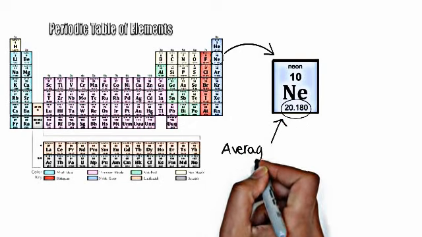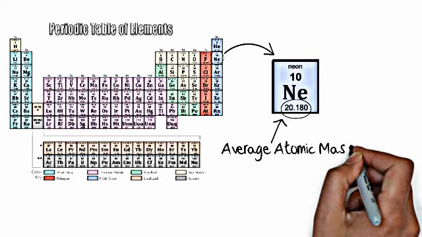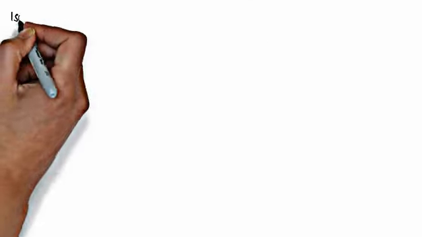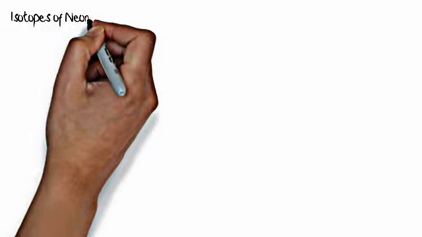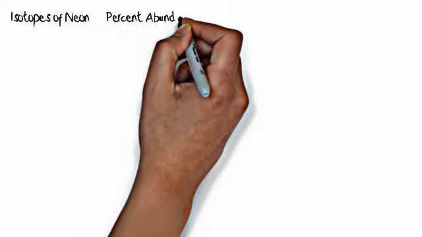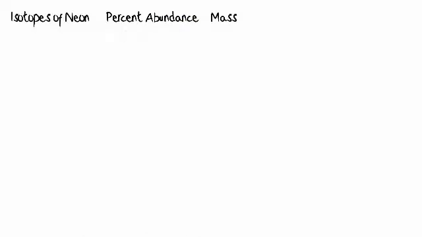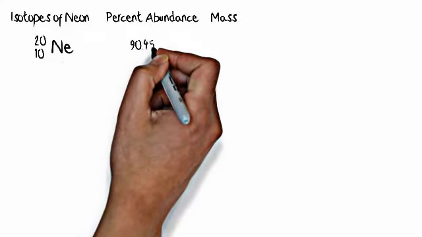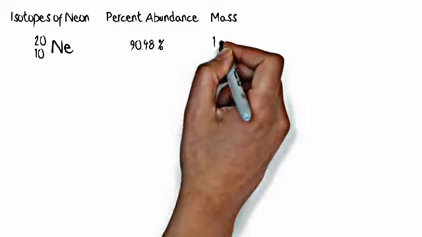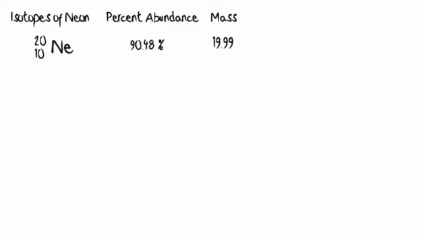We have isotopes of neon, and there are 3 stable isotopes for neon. Each has a certain percent abundance and a mass. You have neon 20, which is 90.48% of all the neon atoms. That has a mass of 19.99.